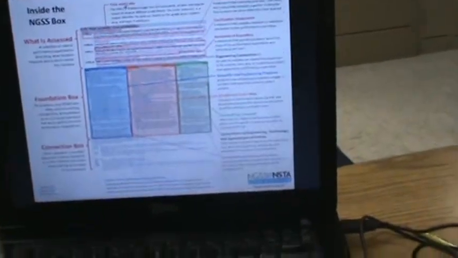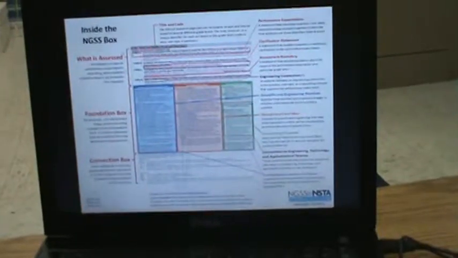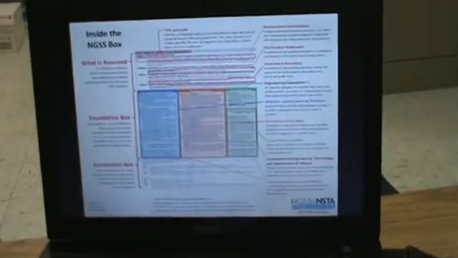Okay, let's look at the whole page. Again, most of these we've talked about, but we can look at it with a different view. This box is what is assessed. The top box is the title and code. In this box, we have the performance expectation.